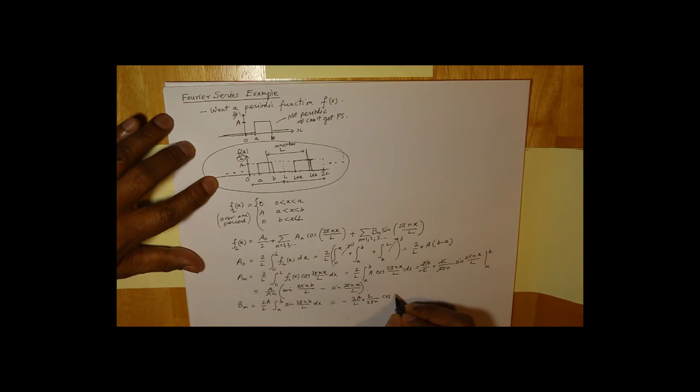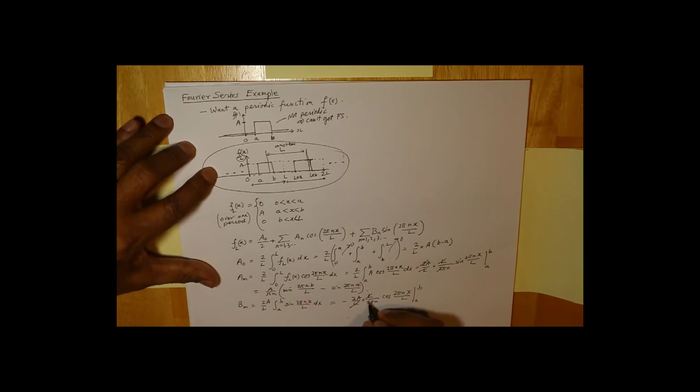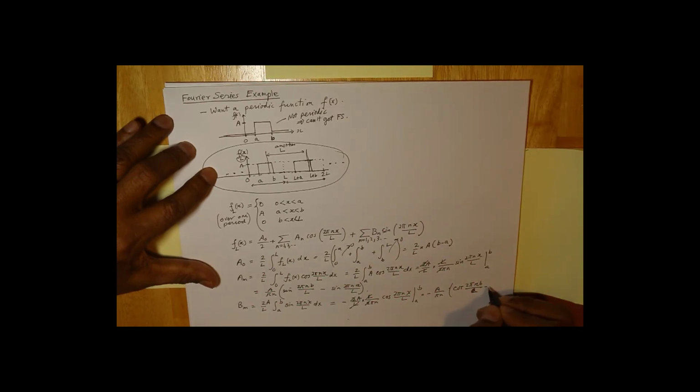It's going to be cosine 2 pi nx over L from A to B. And again L cancels out, 2 cancels out, and this is minus A over pi n times cosine 2 pi nb over L minus cosine 2 pi na over L.